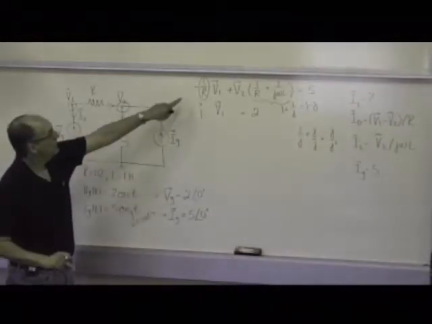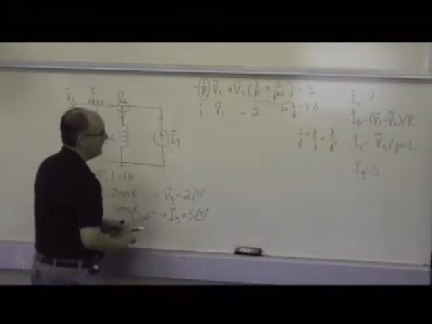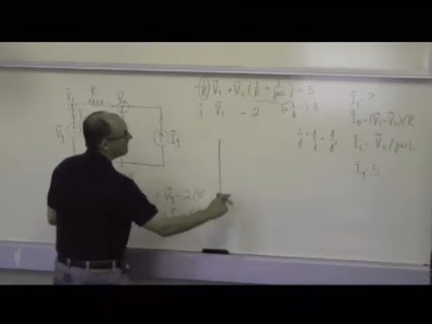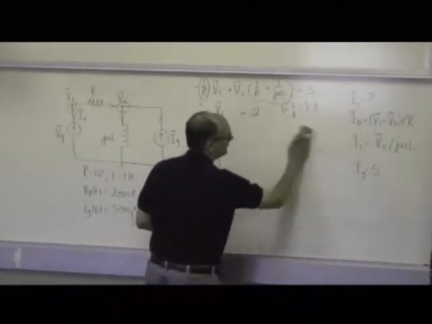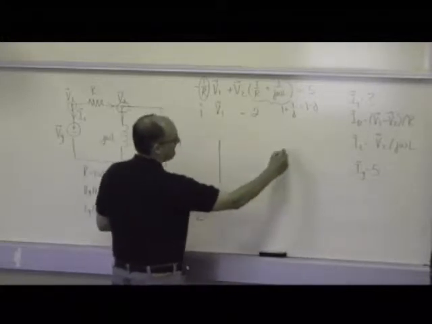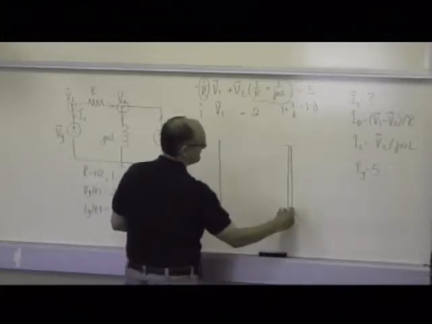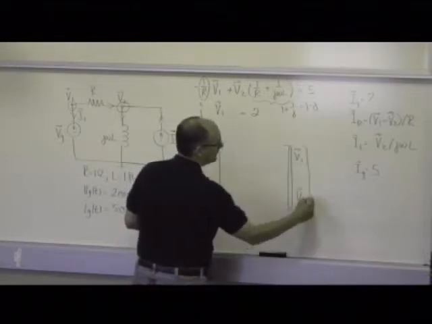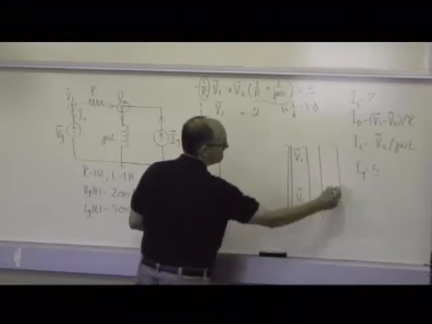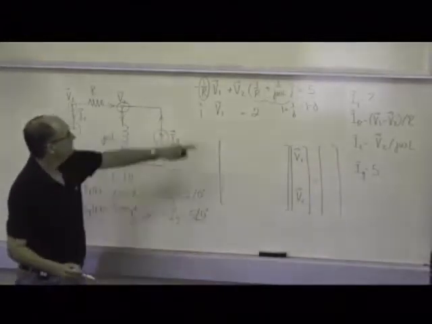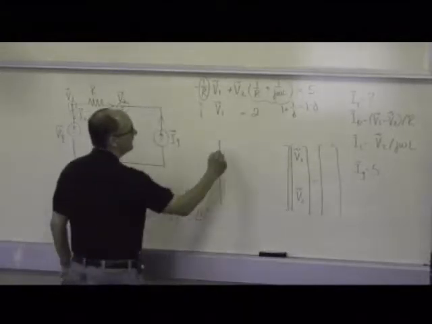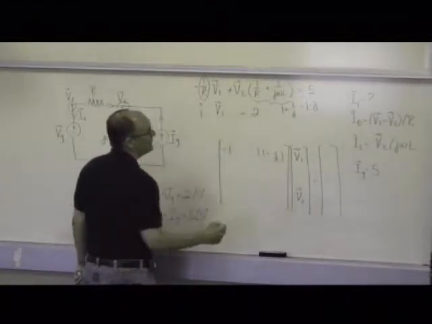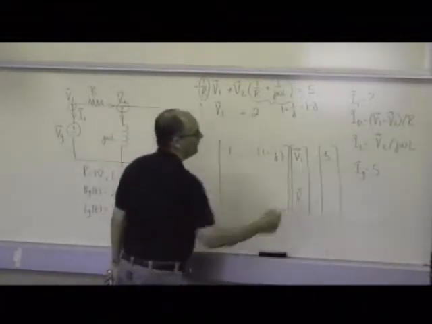So all I need to do now is put this into matrix form and solve. My 2 unknowns will be V1 and V2. First equation is minus 1 times V1 plus 1 minus j times V2 equals 5.